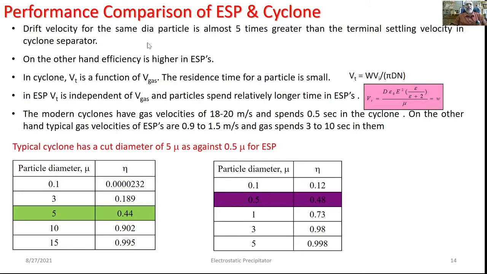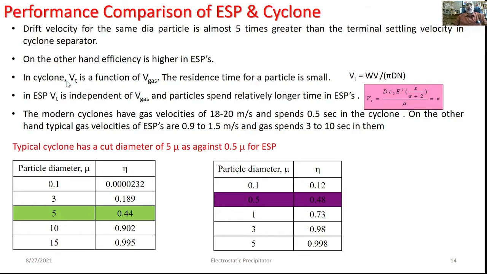If we consider the same diameter particle, the drift velocity is almost 5 times greater than the terminal settling velocity for that particular particle in a cyclone separator. On the other hand, the efficiency of the ESP is very high.